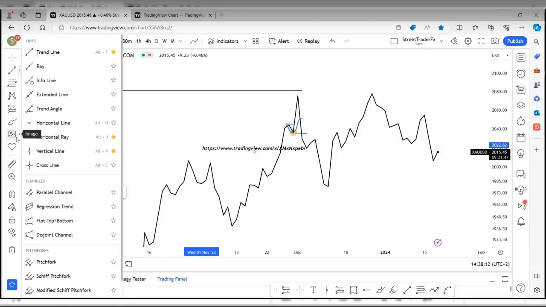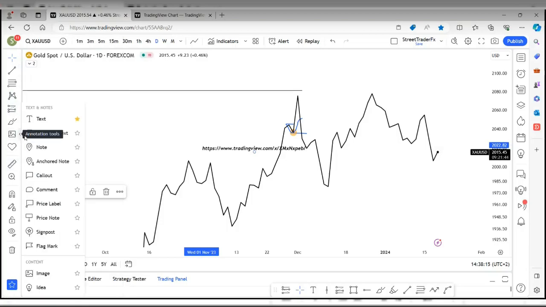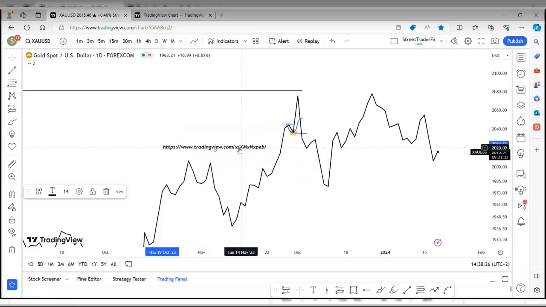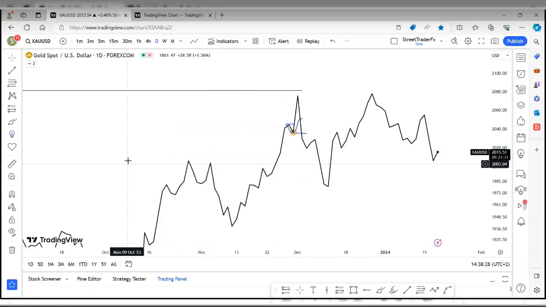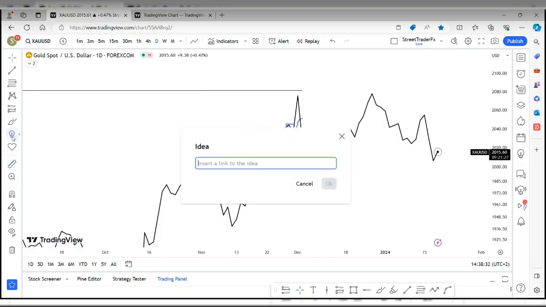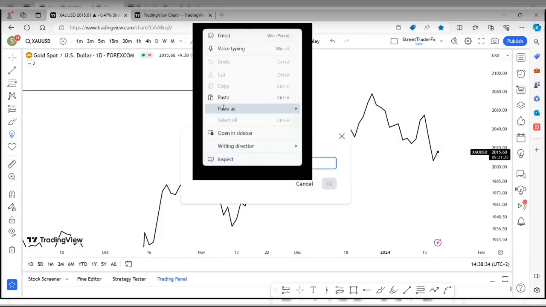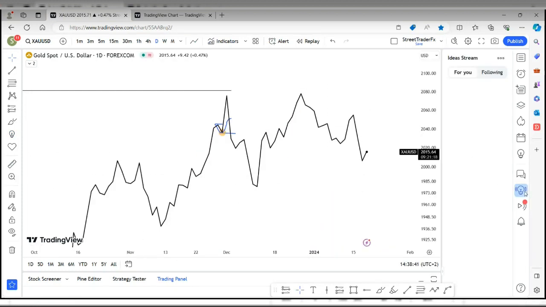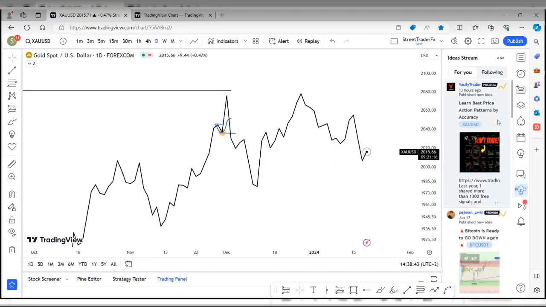I want to add a link, man. I don't even know.